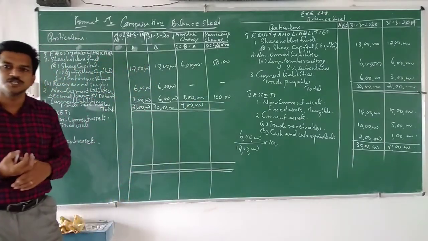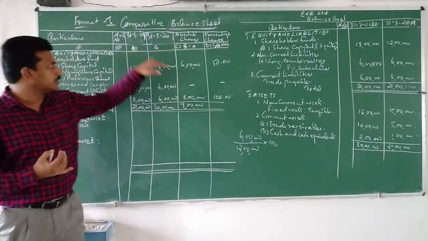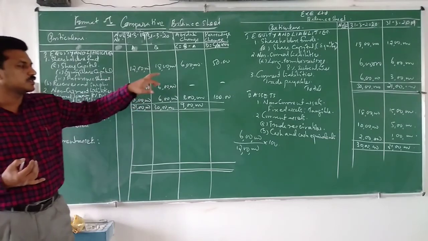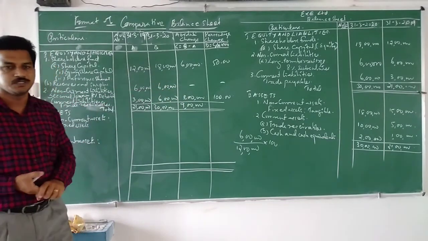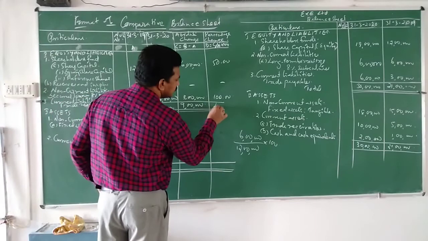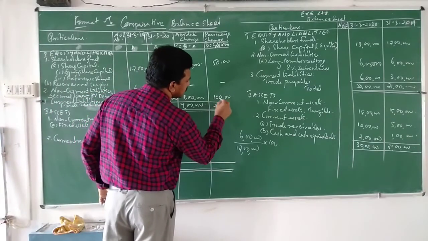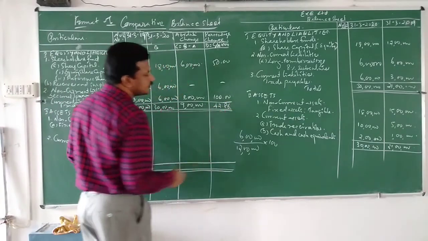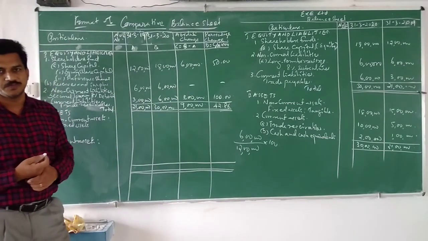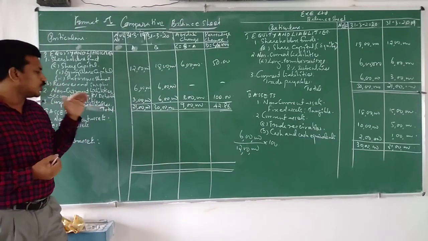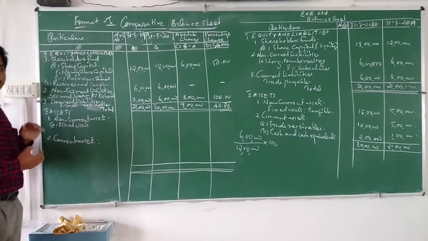Then what is the percentage change? 9 lakh divided by 21 lakh into 100, 42.86%. Okay.